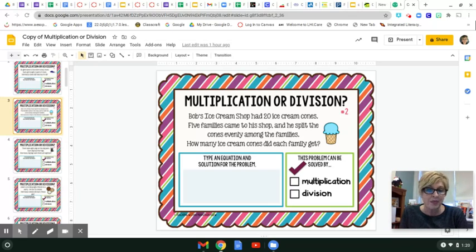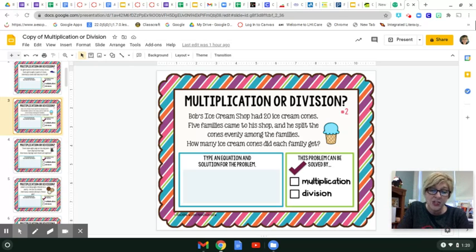So let's think about that for a minute. Do you see any clue words that might help us understand what to do? If we were using the CUBES strategy, we would put a box around those clue words that we find.